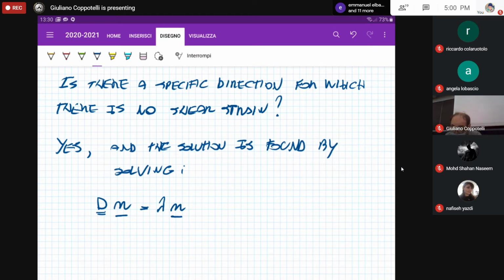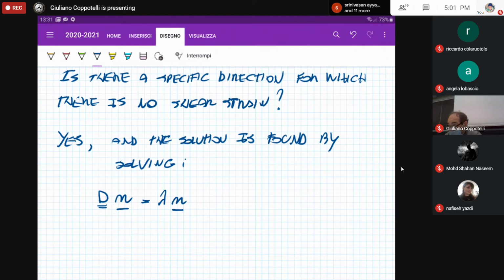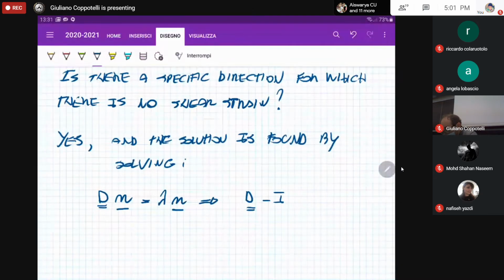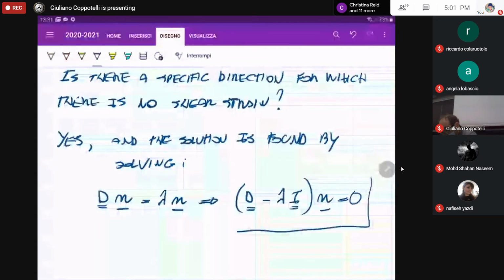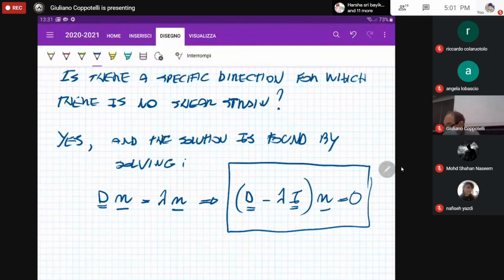If you know these components, then you find the specific direction for which there is no shear strain. As you can see, the strain in whatever direction n is set equal to just normal strain because it's proportional to the cosine vector itself. That means you have to solve this, I hope, very well-known problem, that is the eigenvalue problem associated to your strain tensor.